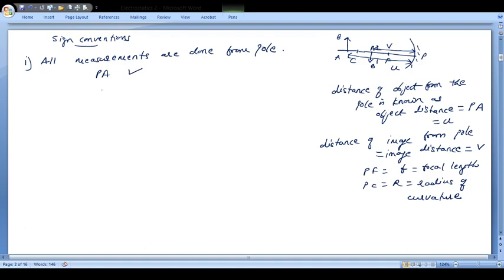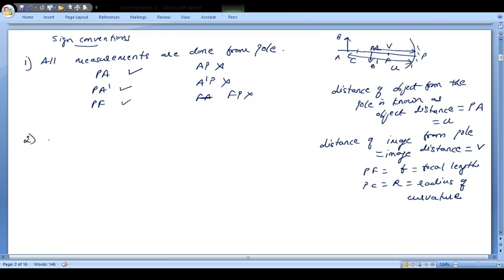This is the correct way of saying object distance; you don't have to say A to P. All distances are measured from pole. If I say object distance, you say PA dash, not A dash P. Similarly, if I say focal length, you will say focal length as PF, not FP. So all the distances you have to measure from the pole. That is the first sign.